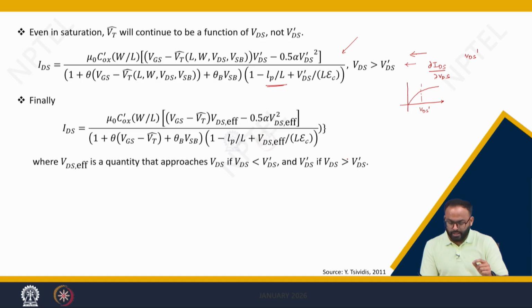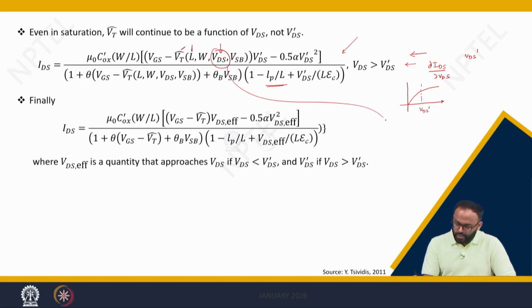The only one thing you need to take care of is that the threshold voltage is not dependent on VDS dash, but it is dependent on VDS. This point we have already discussed when we were discussing DIBL.